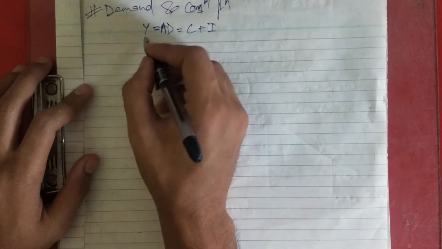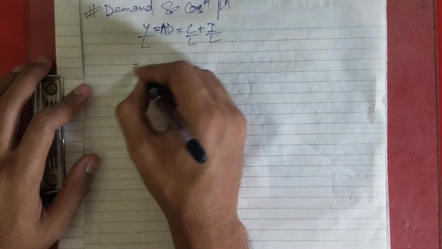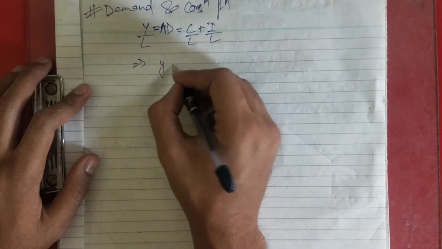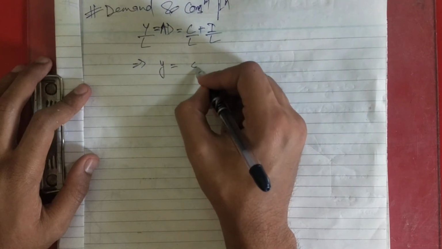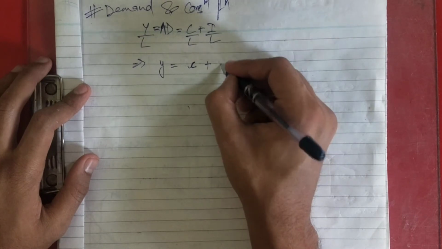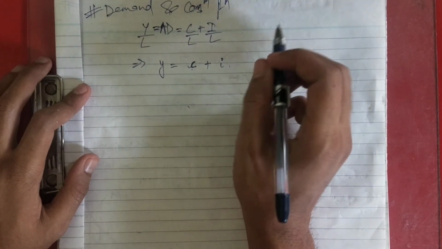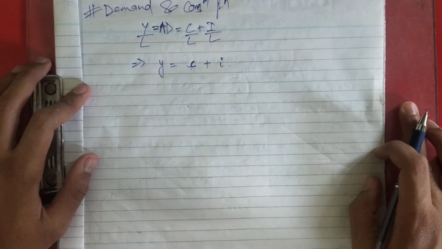This will be y upon n, this will be c upon n, this will be I upon n. So you can write down what this is: output per worker is equal to small c plus small I, consumption per worker and investment per worker.